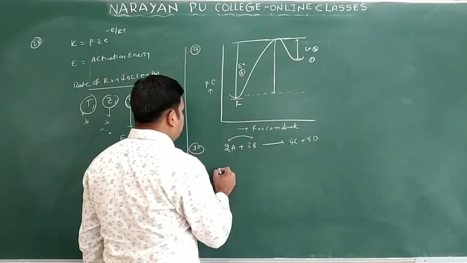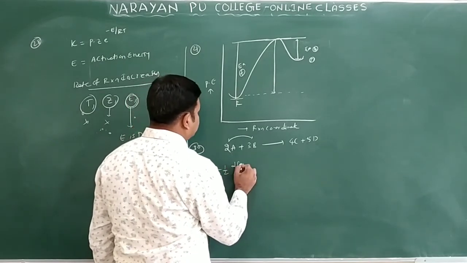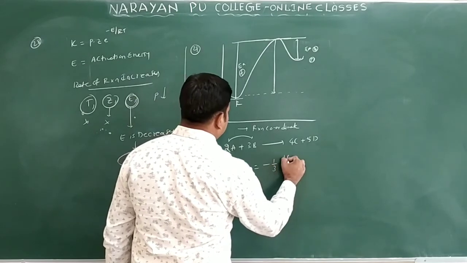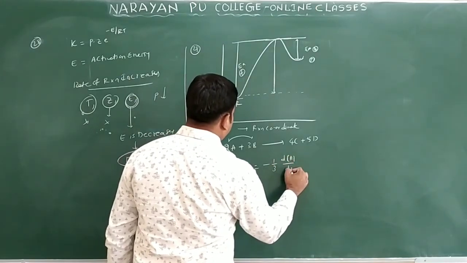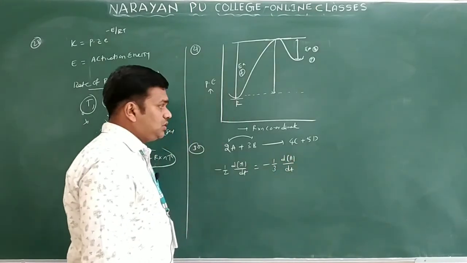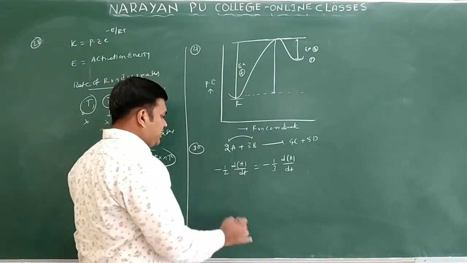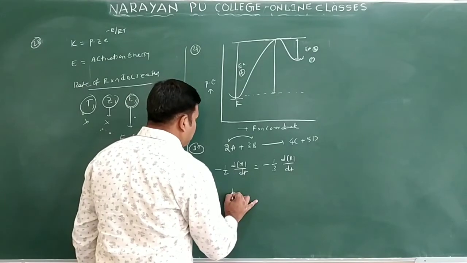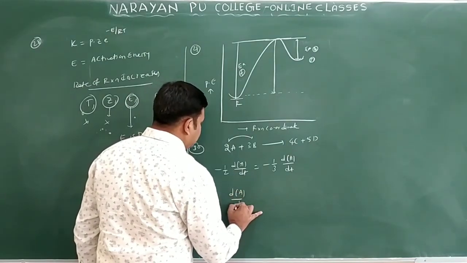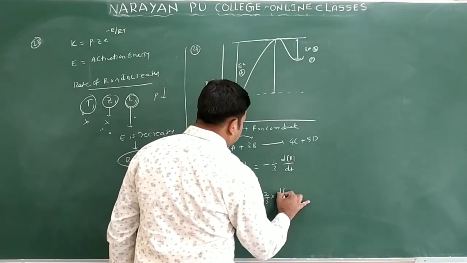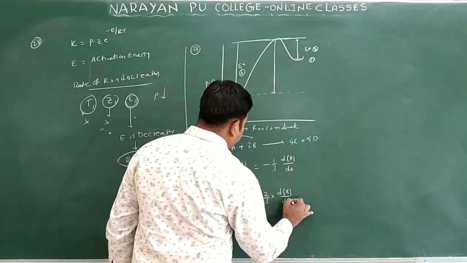So in general, how can we write here? This is minus 1 by 2 into d[A]/dt is equal to minus 1 by 3 into d[B]/dt. They are asking the disappearance one. Now here the rate for B is already given: 0.06. The minus signs will cancel. So d[A]/dt is equal to 2 by 3 into d[B]/dt.